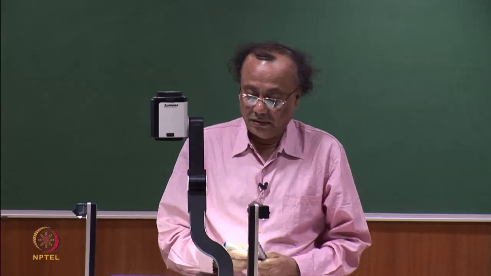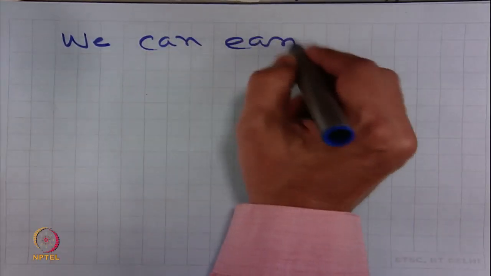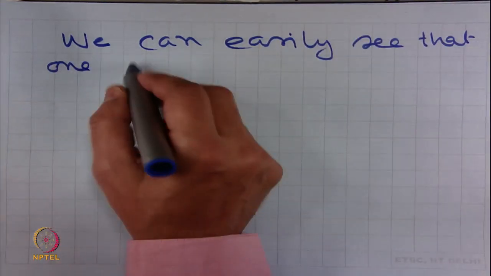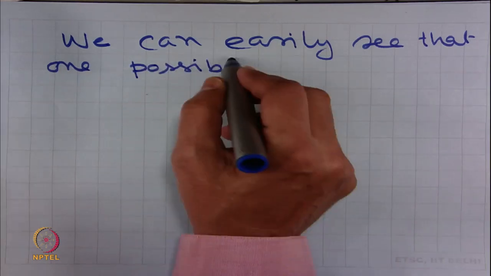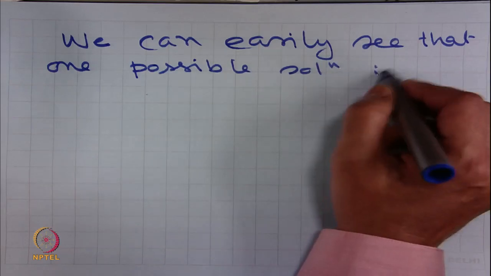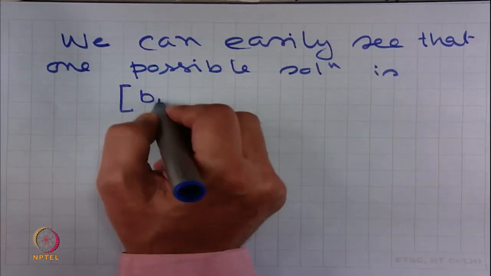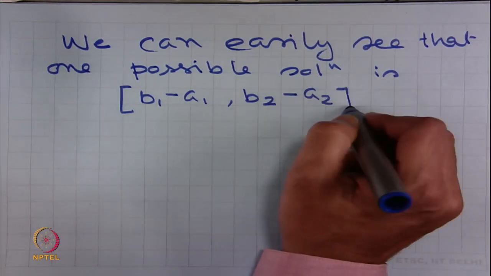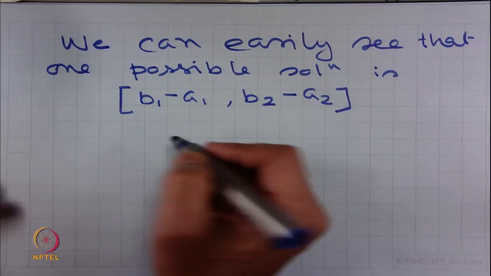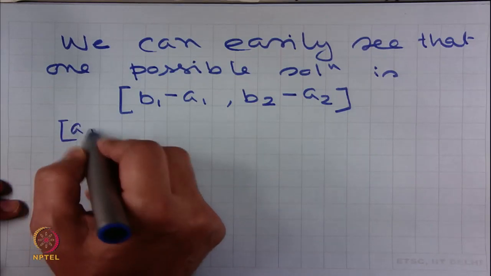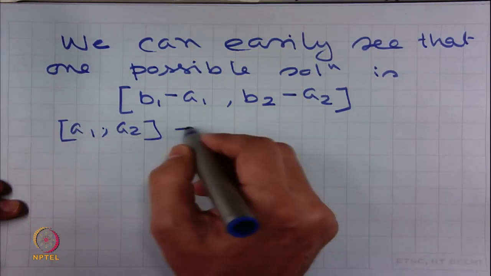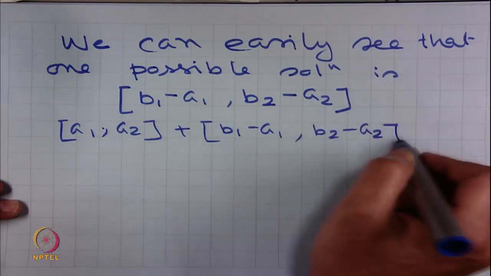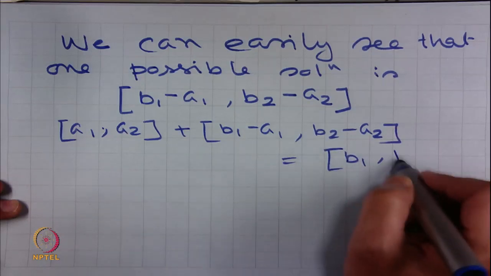However, we can easily see that one possible solution is B1 minus A1 comma B2 minus A2, and it is obvious that A1, A2 plus this interval B1 minus A1 comma B2 minus A2 is equal to B1, B2.